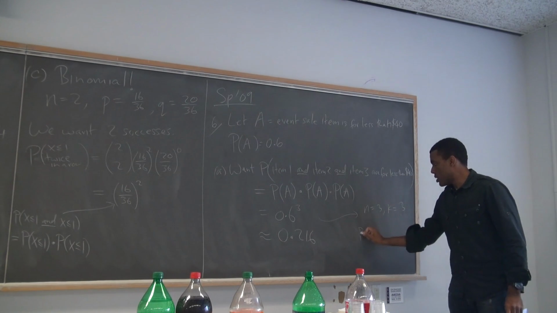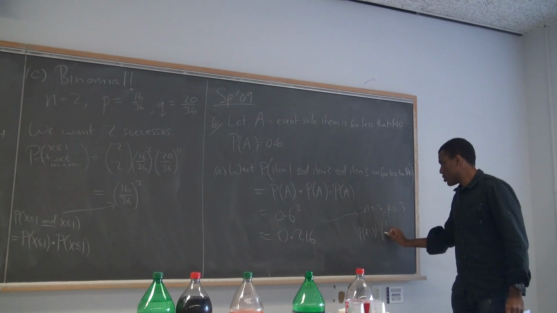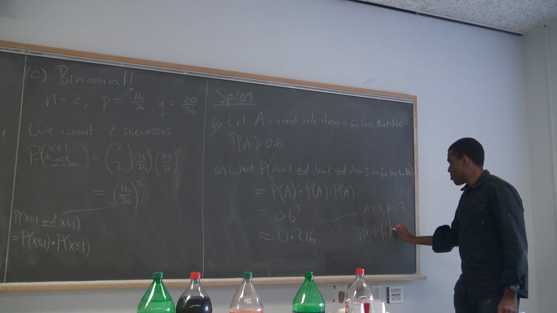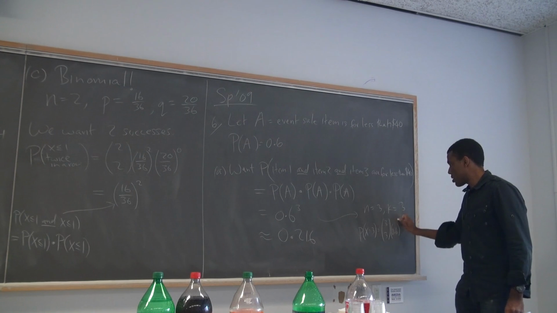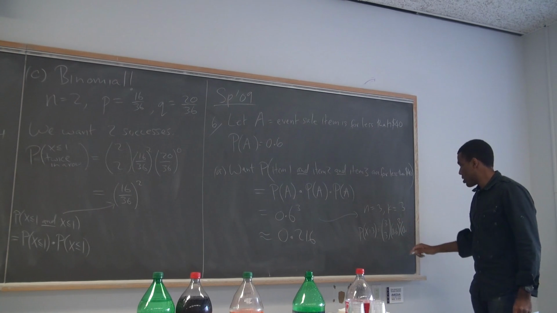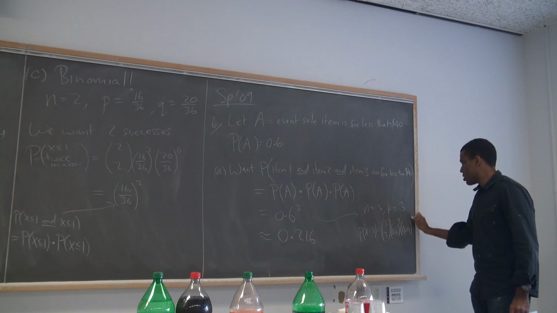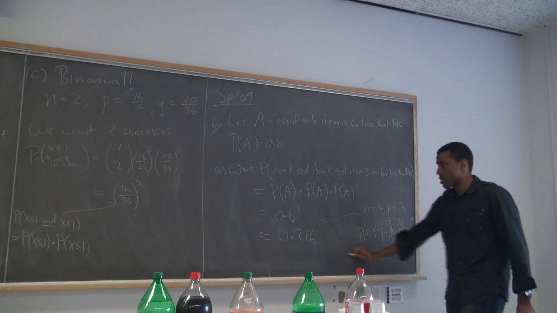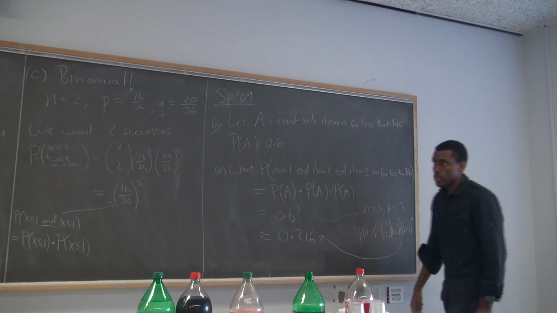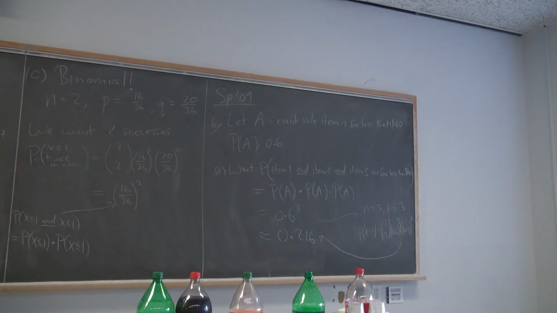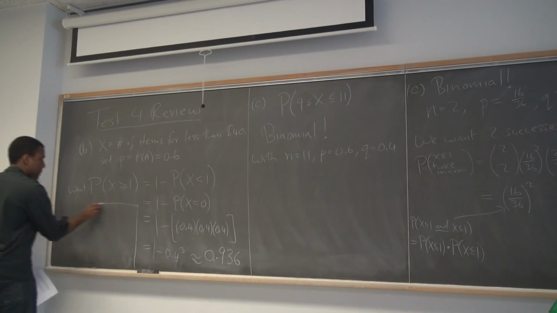So your probability that x equals 3 would just be 3 choose 3, p to the 3, q to the 0, which ends up being 0.6 cubed, right?